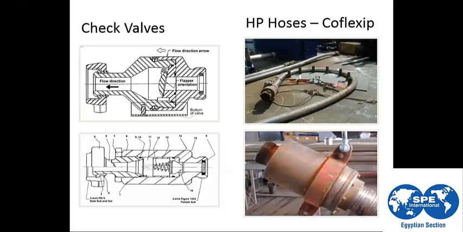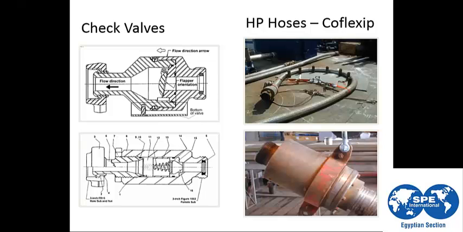Also, we have a check valve in the setup. What is the function of the check valve? Check valves are used to prevent fluid from flowing back from the wellhead. During the fracturing job, once you stop pumping, there will still be wellhead pressure applied at the wellhead.